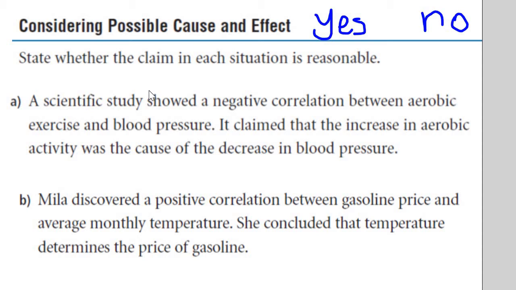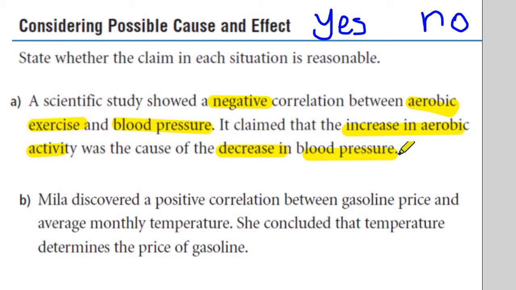So let's read the first example. A scientific study showed a negative correlation, that means it's going down, between aerobic exercise, that means exercise that requires oxygen, and blood pressure. It claims that the increase in aerobic activity was the cause of decreased blood pressure. What it basically means is, if you exercise, does your average blood pressure decrease?